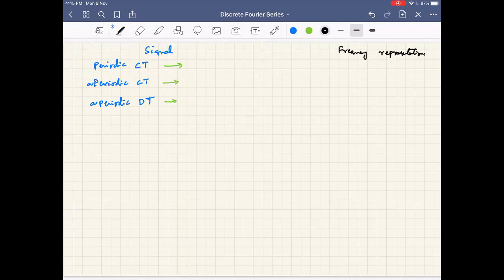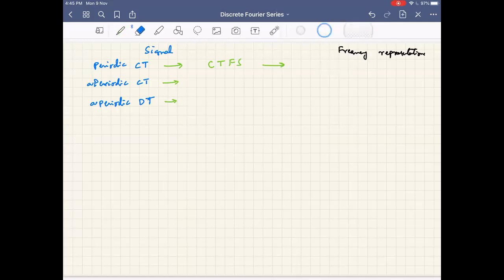Okay, so what were the transformations for periodic continuous time signal? We apply continuous time Fourier series representation to get the frequency coefficients Ck, right?